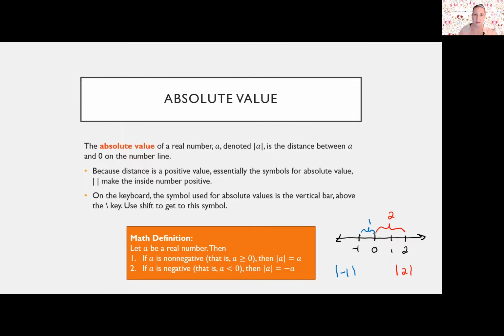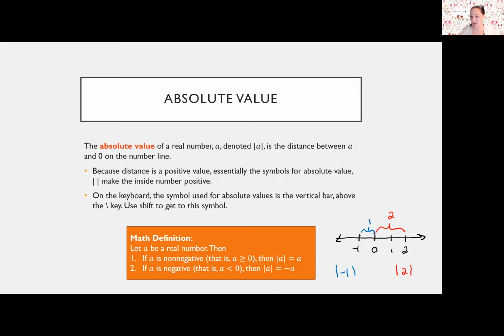So the basic everyday definition is that absolute value is the positive version of whatever you're taking the absolute value of. It makes things positive. The technical math definition actually is slightly different. So if you have a number and it's non-negative, meaning that it's equal to 0 or it's a positive number, then the absolute value is that same number.